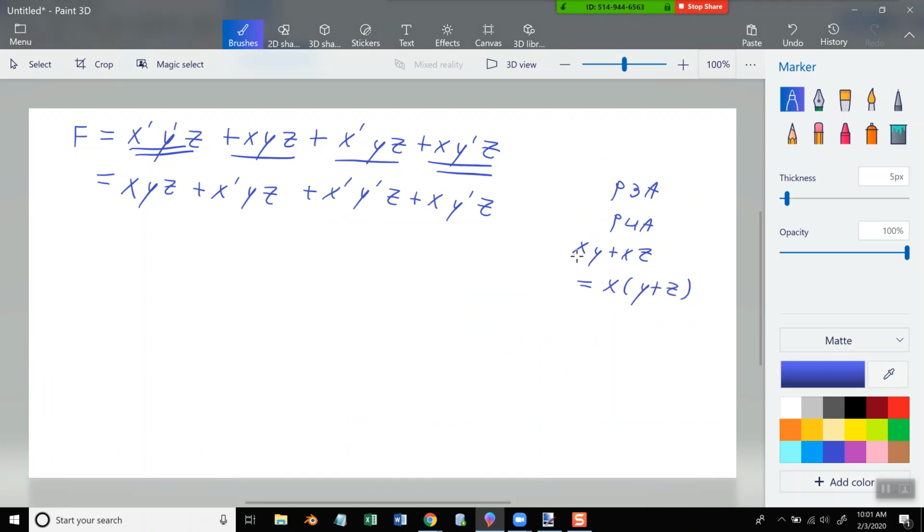This says if they have the same item, they both have an x, you can think of it as factoring the x out. Well, they both have a yz, so I can factor that out.